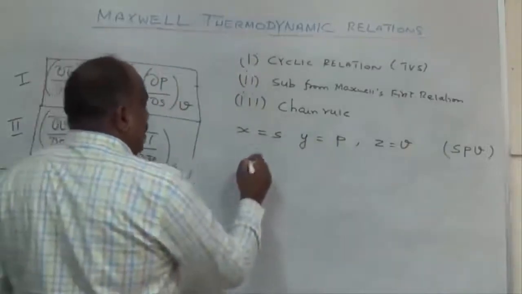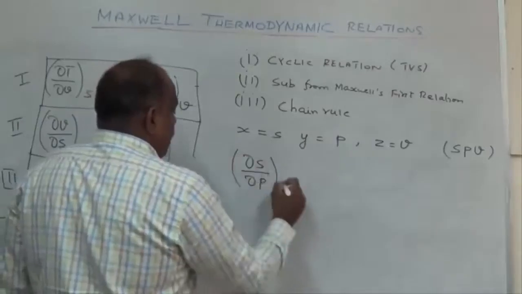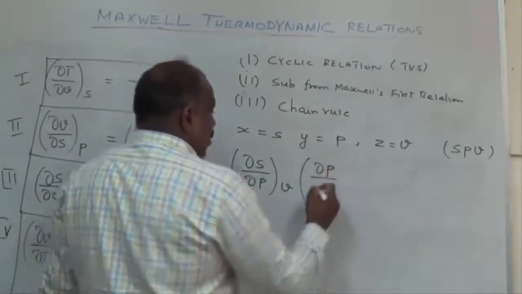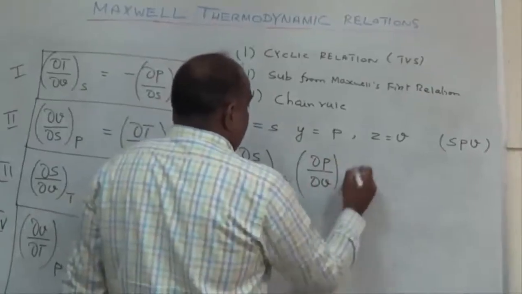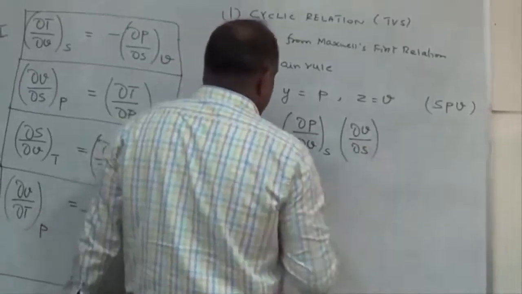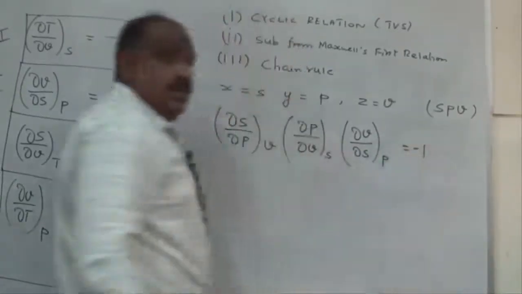So I will make it fast. It is ∂S/∂P at constant volume into ∂P/∂V at constant entropy into ∂V/∂S at constant pressure will be equal to -1.